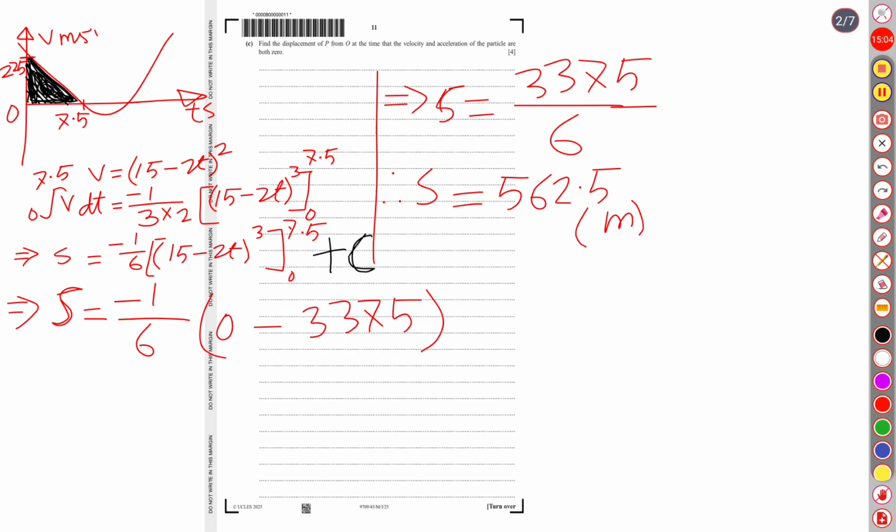Displacement starts from the vertical line to the positive direction of x. So at the beginning it was on the vertical axis, so there is no displacement at the beginning. That's why there should not be any constant value. I think you got my point.